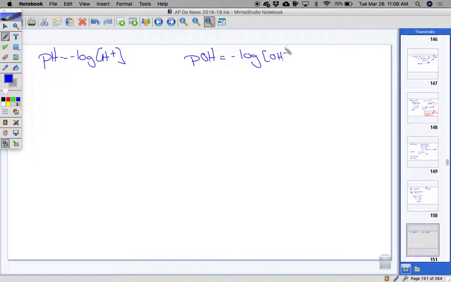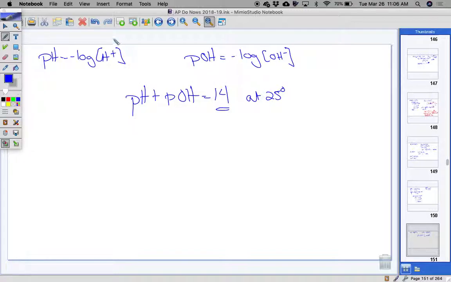The same thing, right? That's really all I ever use. The nice thing is the pH plus the pOH has to equal 14. This is true at 25 degrees, because of the Kw part.